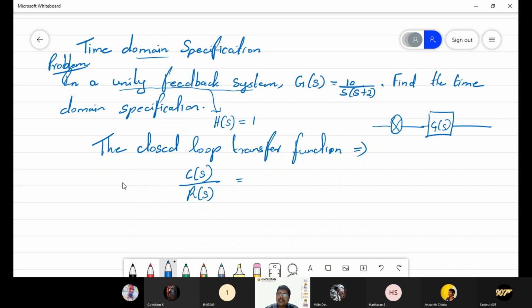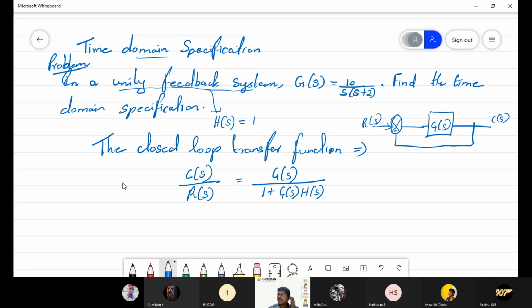The feedback is unity. Here R(s) is the input and C(s) is the output. So C(s) by R(s) is equal to G(s) divided by 1 plus G(s) into H(s).